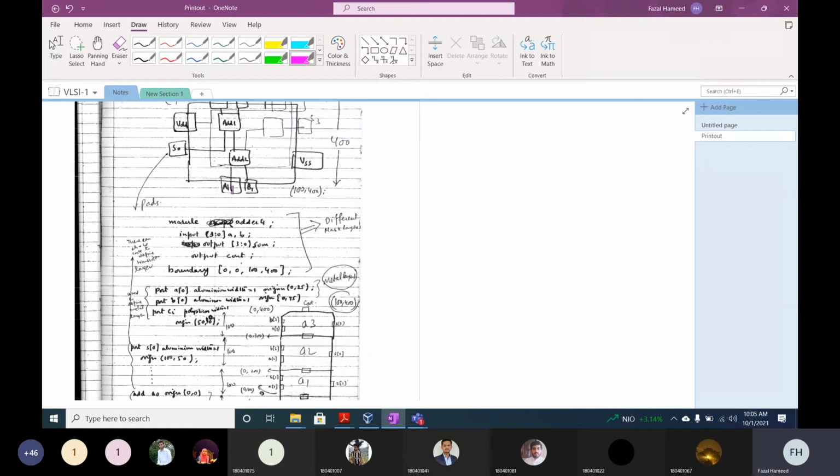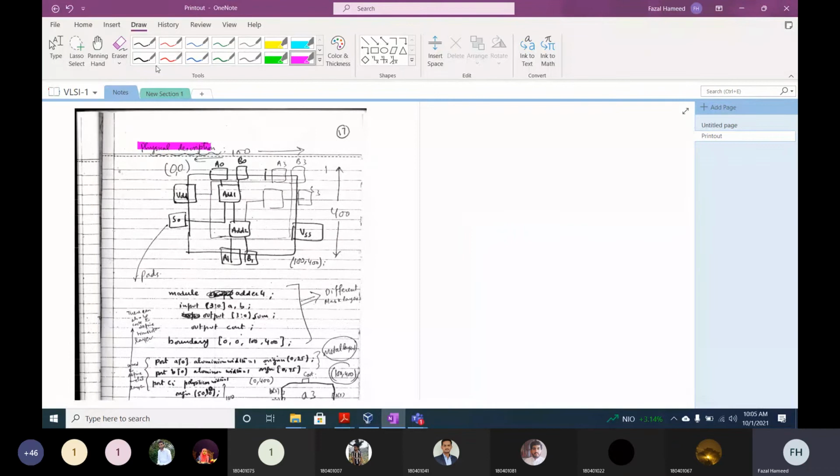So now let's assume we have an adder module, a 1-bit adder, and this adder has a width of 100, and this adder also has a height of 100.